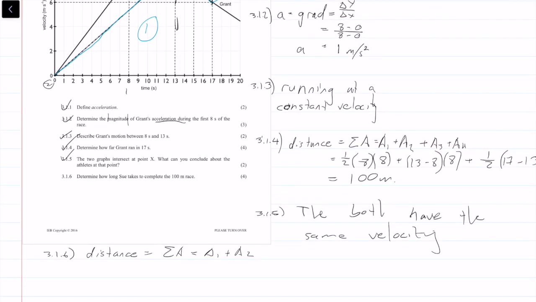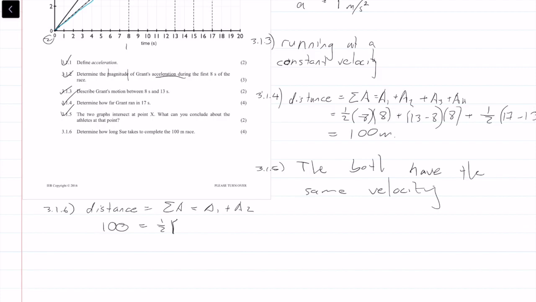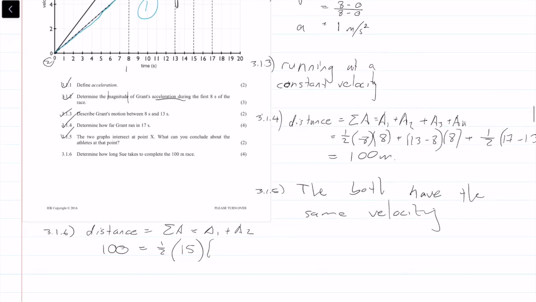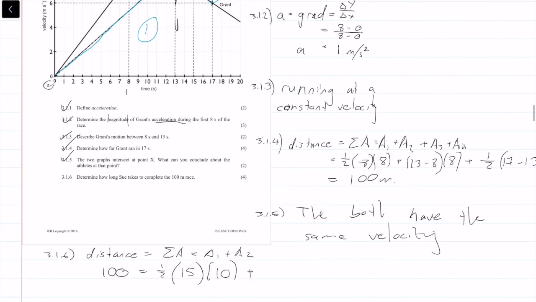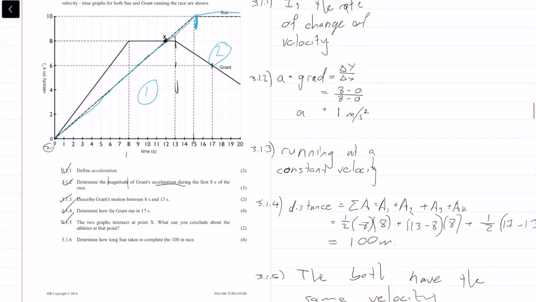So we know the total distance we want her to run is 100 meters, which is equal to area 1, a half times the base, which is 15, times the height, which is 10, plus area 2, which is the height, 10, times... it's somewhere along this line where she reaches 100 meters. I'm going to say that's point T.